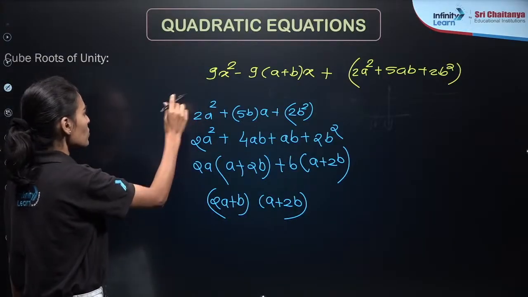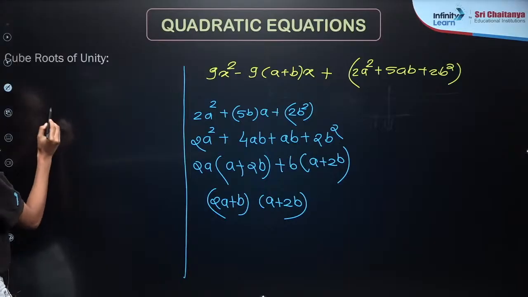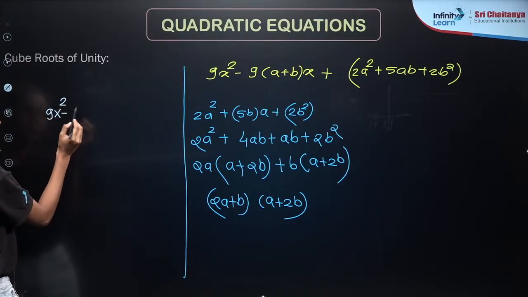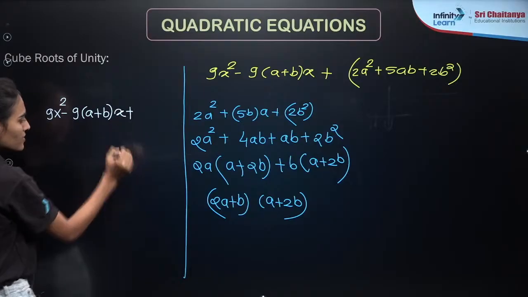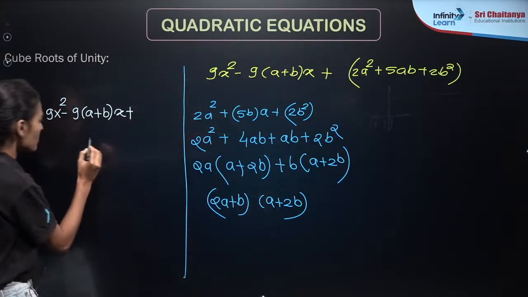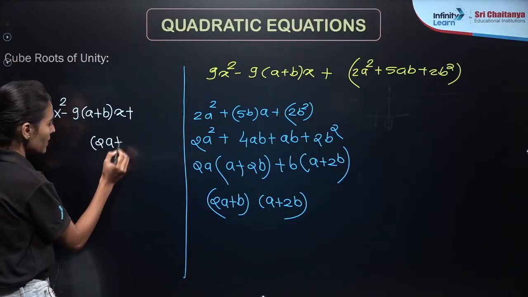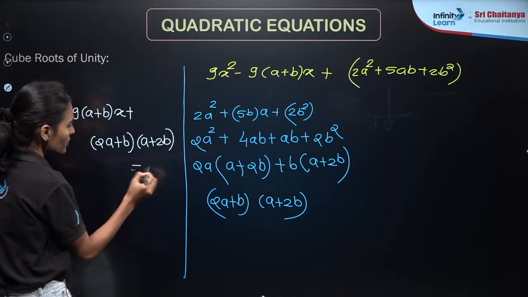So now this quadratic equation will become 9 times x square minus 9 times a plus b into x plus, this is same as this product. So this is 2a plus b into a plus 2b equal to 0.